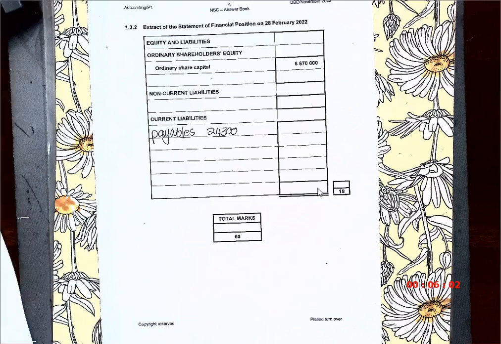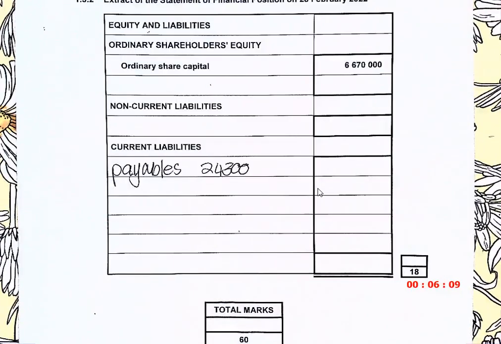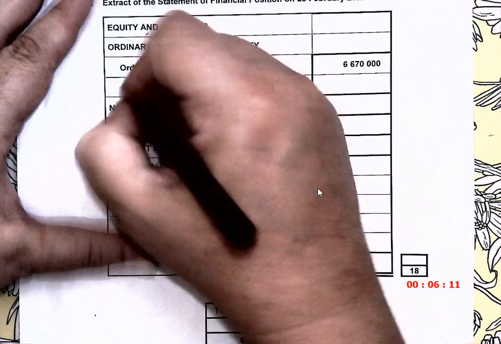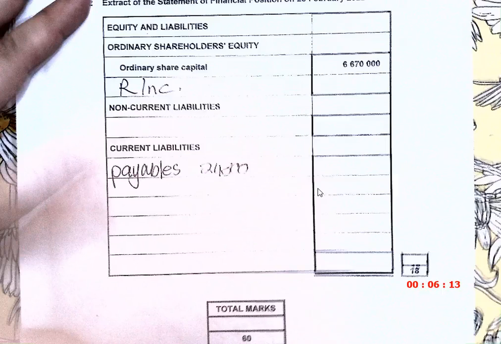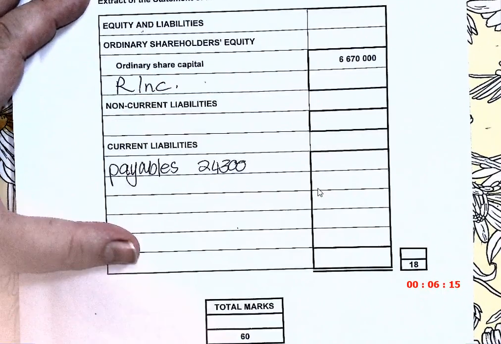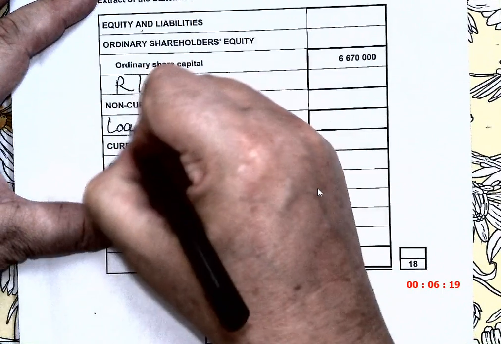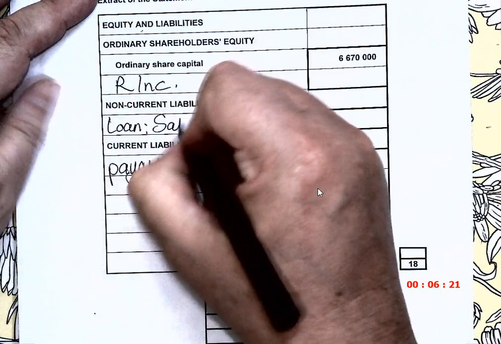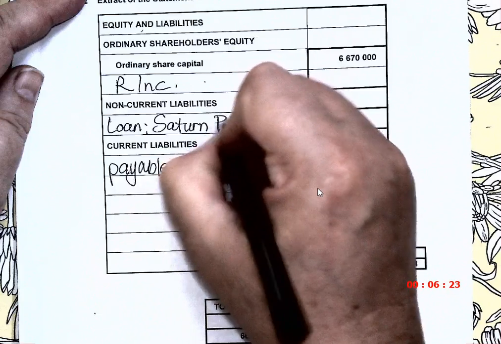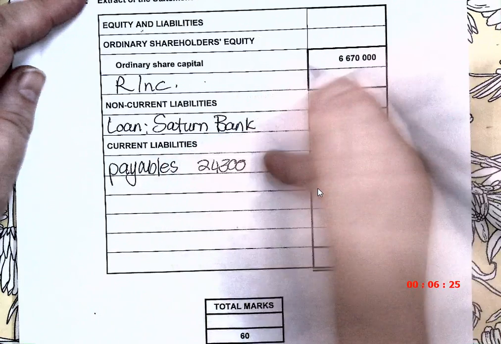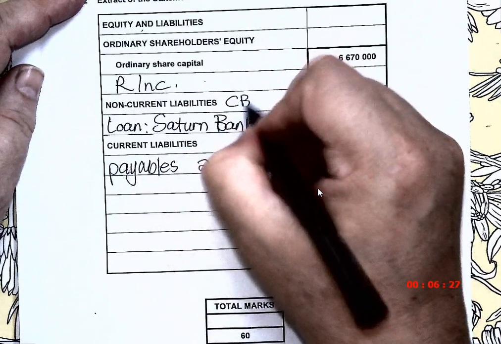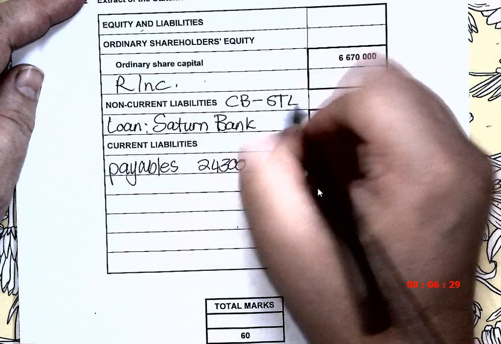So, let's do the balance sheet. So the first thing I do is I write down the format. So, retained income, loan. What kind of loan do I have? A loan from Saturn Bank. And please guys, just write for yourself here. Closing less short-term loan.